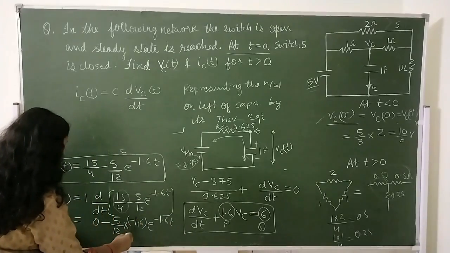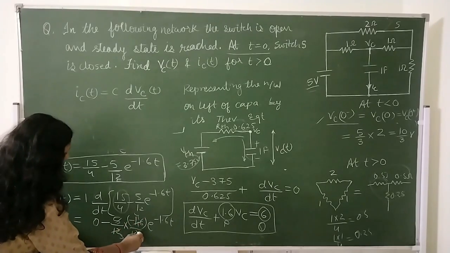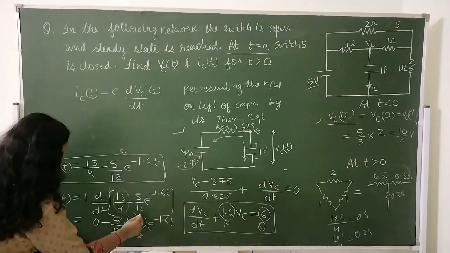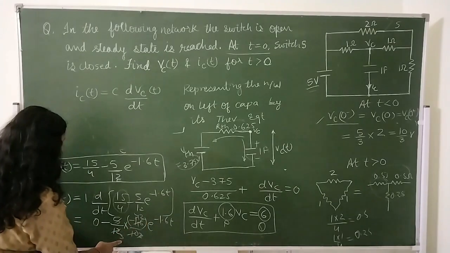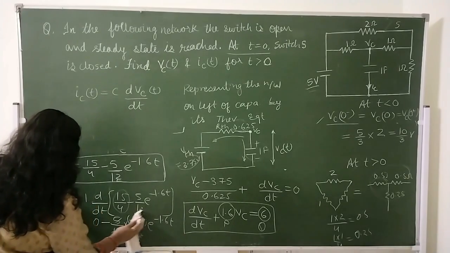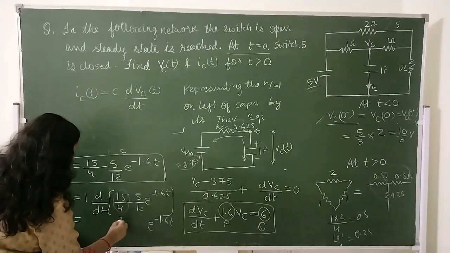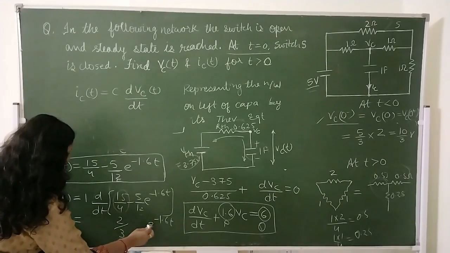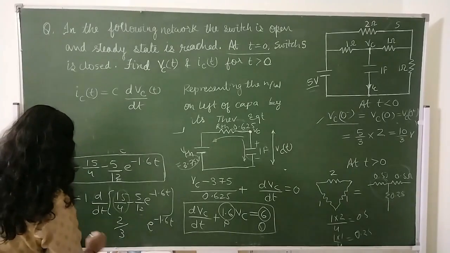So here we can get 2 by 3 e to the power minus 1.6t.